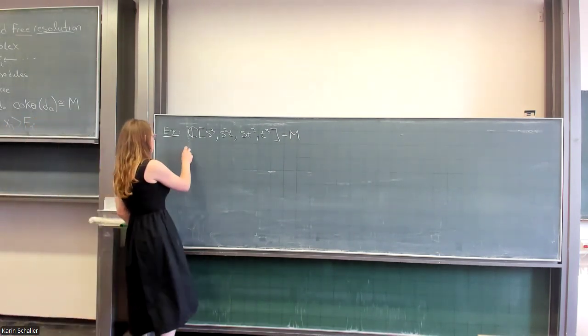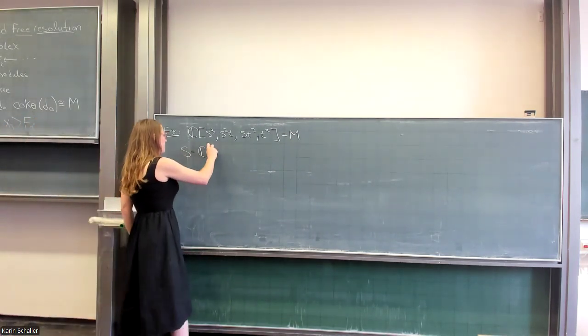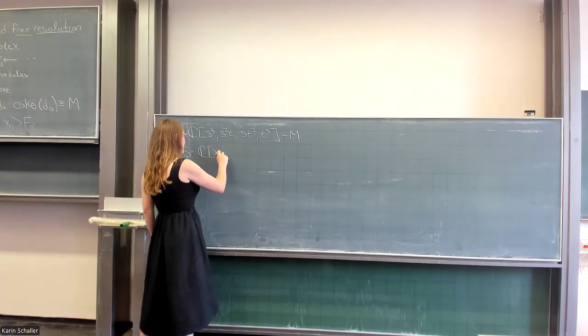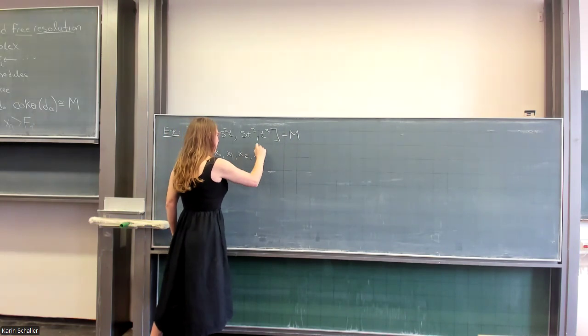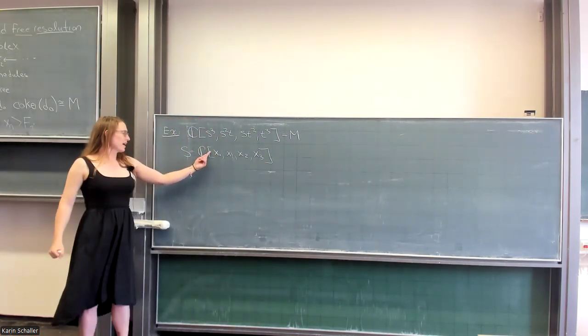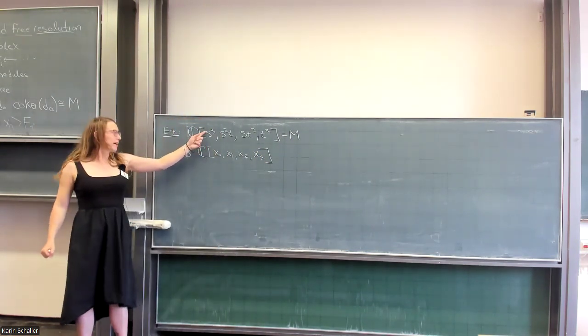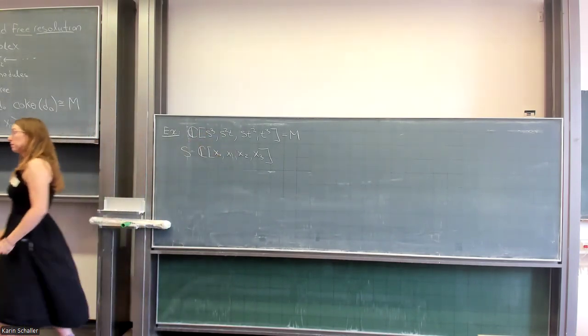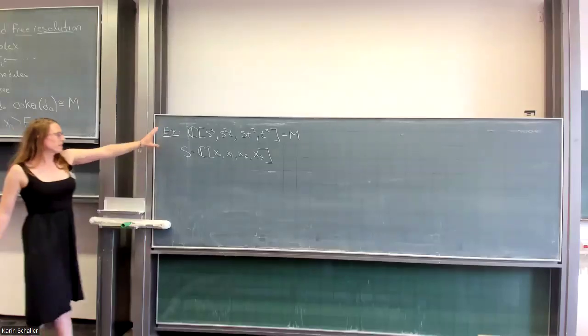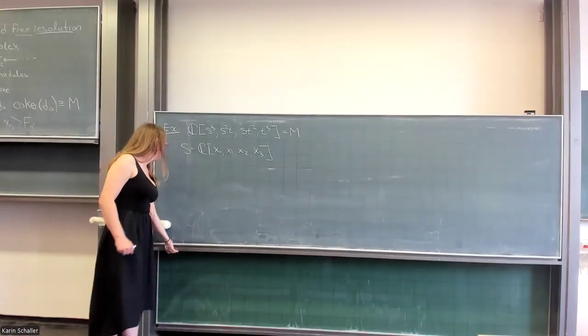So what is this module over? Well, let me think of it as a module over the ring C adjoined x0, x1, x2, x3, where x0 acts by multiplication by s cubed, x1 by s squared t, and so on. So this makes M into a graded S-module.